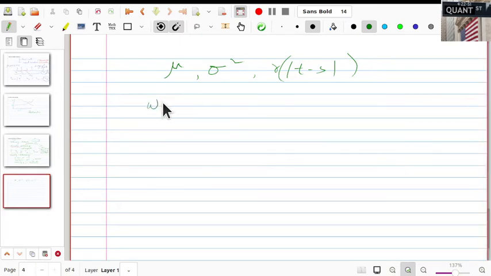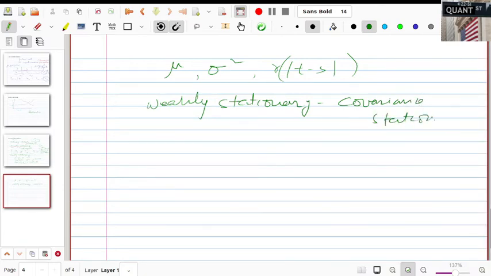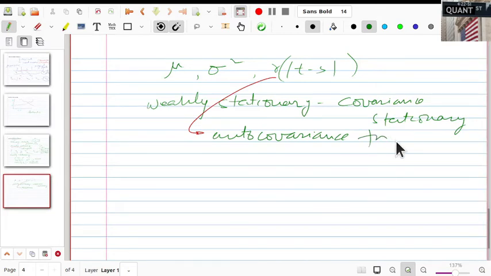Weakly stationary can also be termed covariance stationary, and this function is called the autocovariance function. Because it takes an absolute value as its argument, gamma of h equals gamma of negative h.